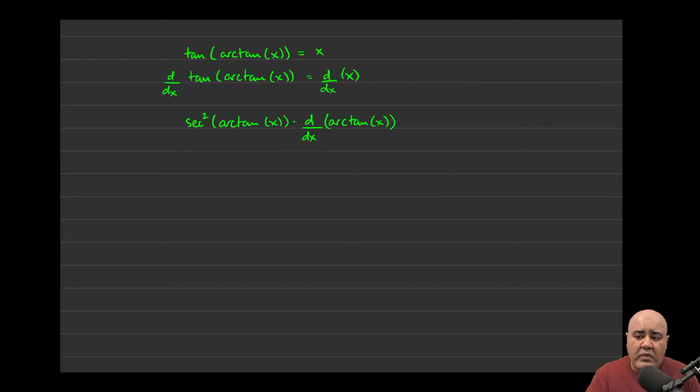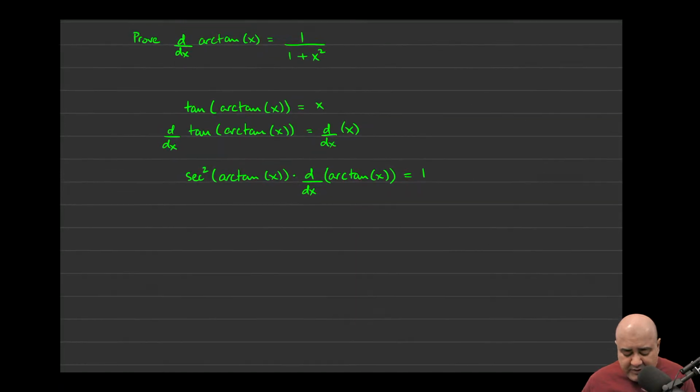I don't know what the derivative of arctan x is, so I'm going to leave that as the chunk. The derivative of the outside, keeping the inside the same, times the derivative of the inside. But since we don't know what the derivative of the inside is, it's perfectly reasonable to just leave it as that. Equals the derivative of x with respect to x, well, that's just 1.